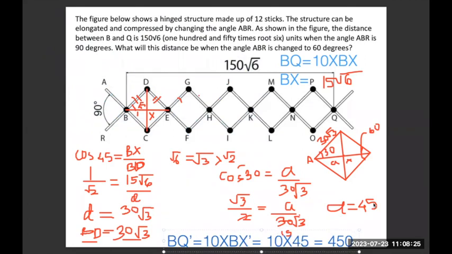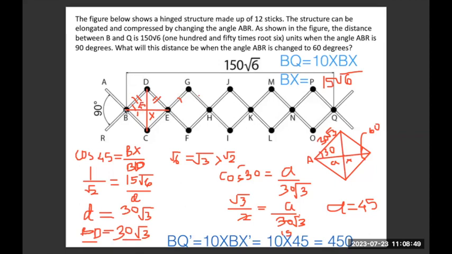Is this clear? Any doubts anybody has in this one? I can, if you want, explain this. You just need to understand the logic. Initially, this angle was 90, which means the whole angle is 90 and this part angle will be 45.